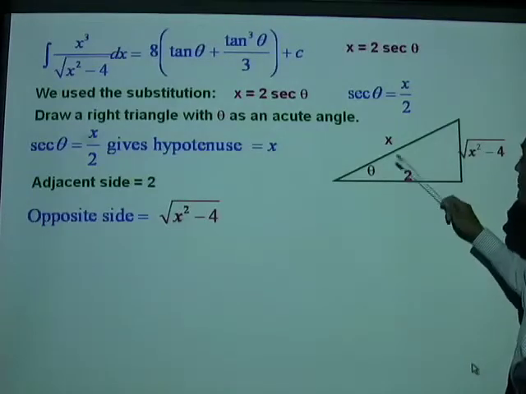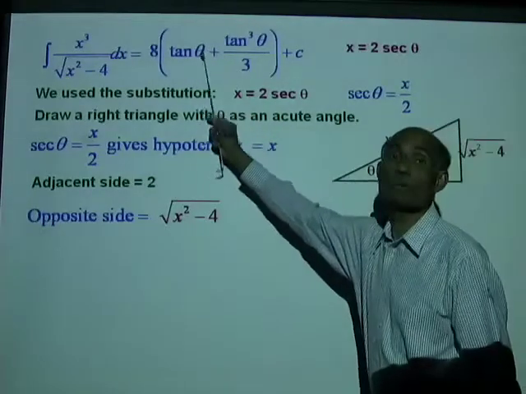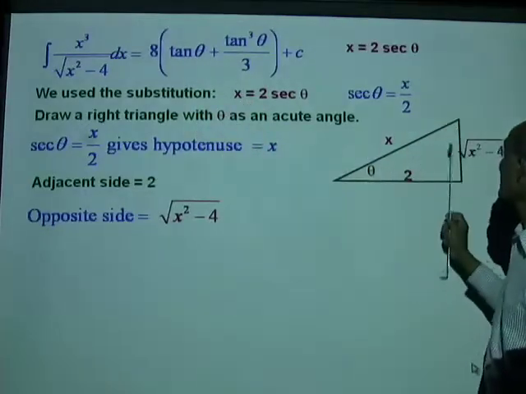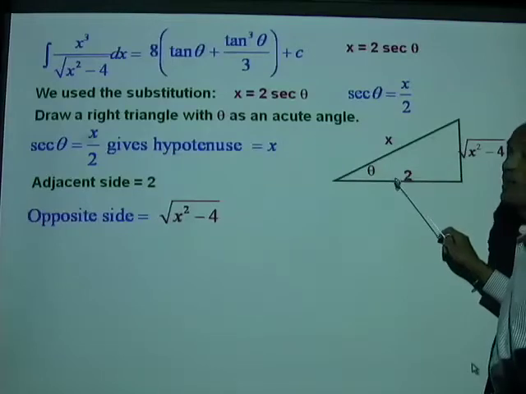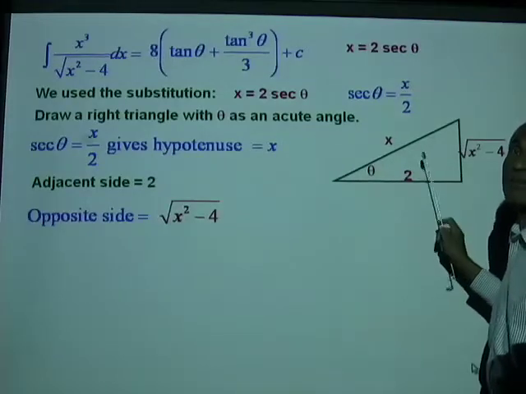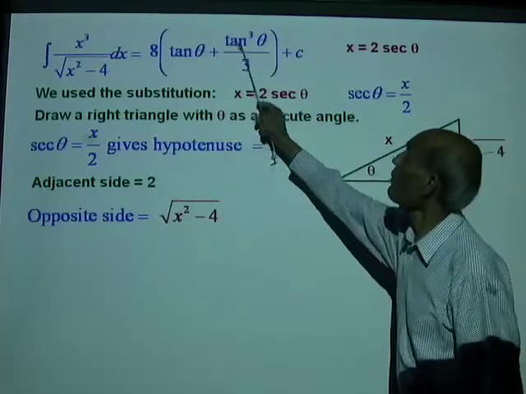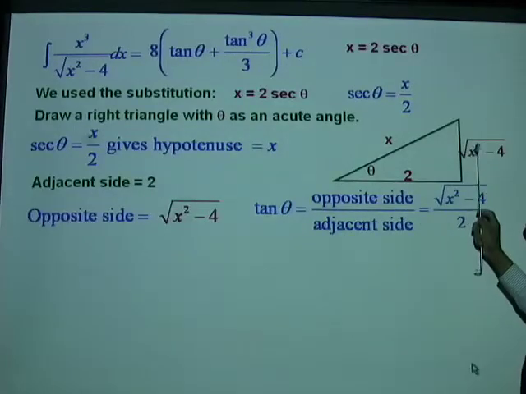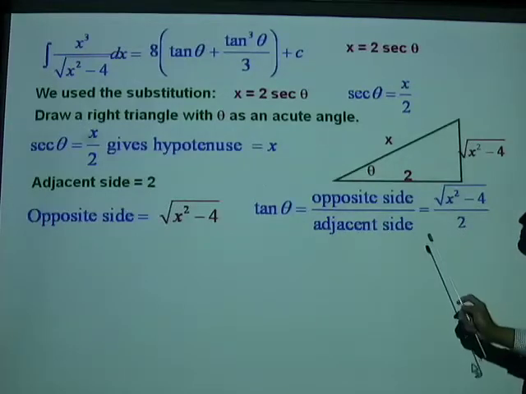Once you have all the three sides, we can now pick these ratios. What is tan theta equal to? Tan theta is opposite side over the adjacent side. So you can replace all of these using that ratio. And that will be tan theta is square root x squared minus 4 over 2.